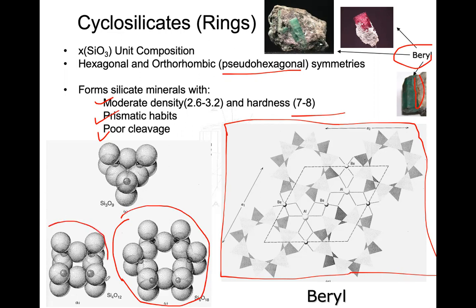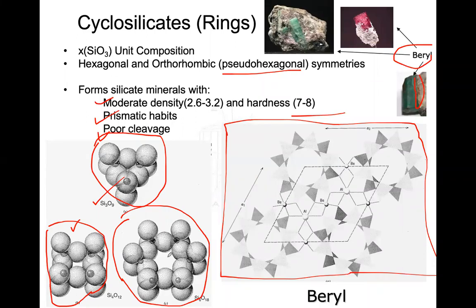So there is no specific number of tetrahedrons to join, but however they should be connected in a ring manner. Okay, so here you can see 3 silicon tetrahedra, here 4 silicon tetrahedra, and here you can see 6 tetrahedra.